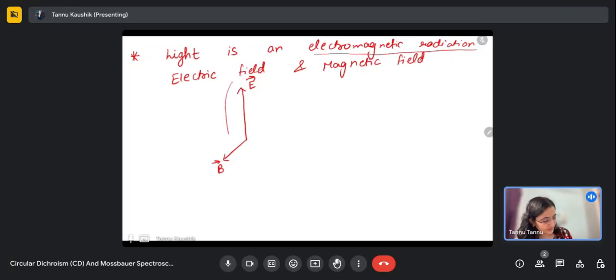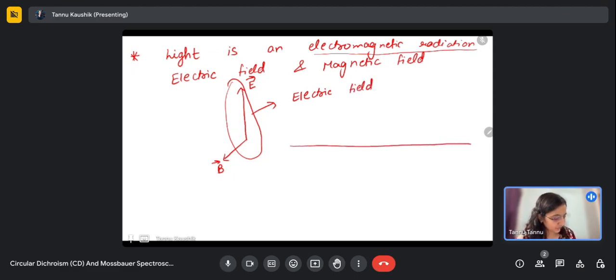Now if we look into this electric field vector, because magnetic field is a weak field, if we look into the effect of this electric field, it follows a sinusoidal wave function.